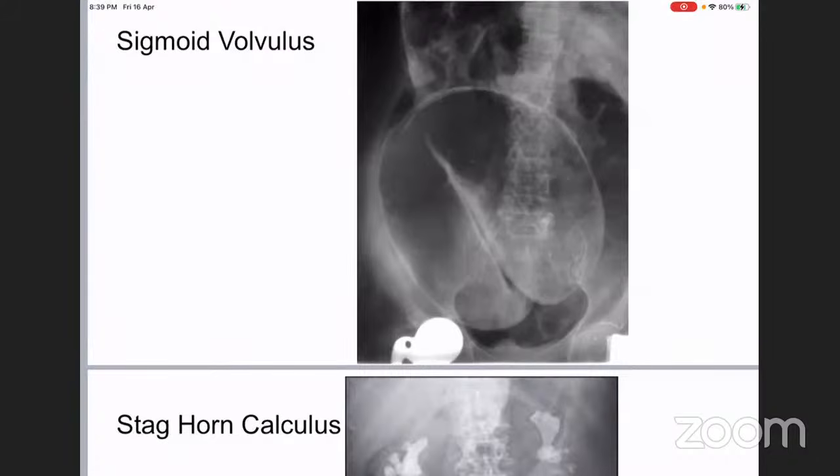That is called a sigmoidopexy. But today the standard of care is to perform a sigmoidectomy. You resect the sigmoid colon even if the bowel is viable, because the pathogenesis of sigmoid volvulus is a long redundant length of sigmoid colon which will cause the colon to twist over itself and form the volvulus. So the recommendations currently are to perform a sigmoidectomy and an end-to-end anastomosis.